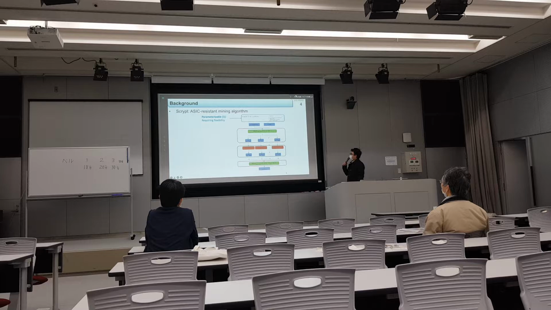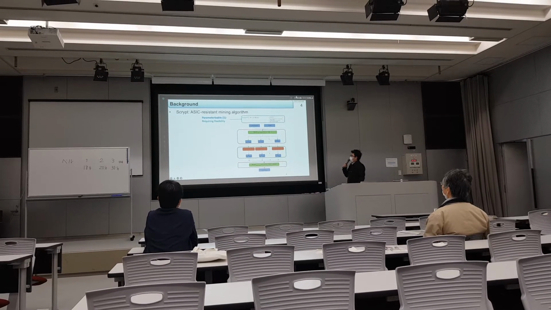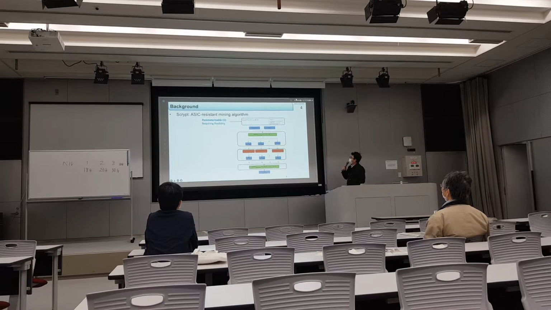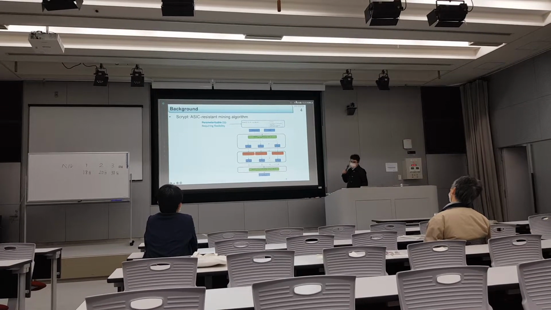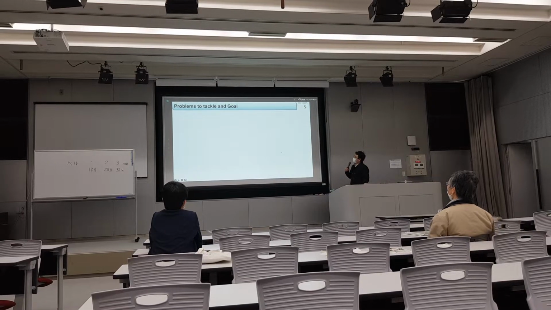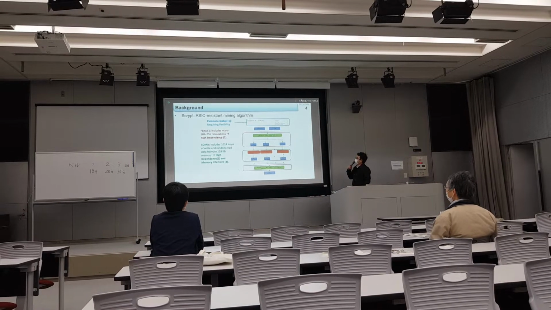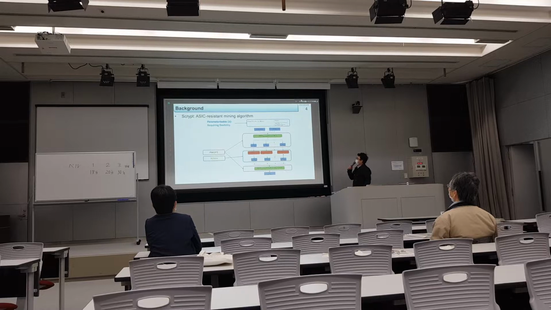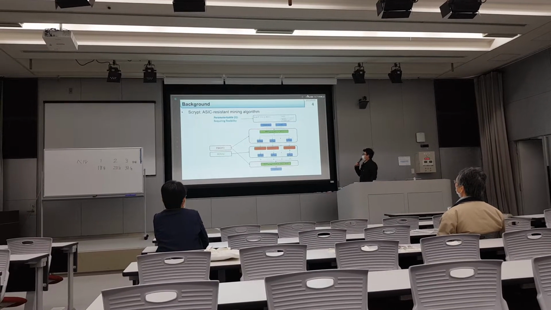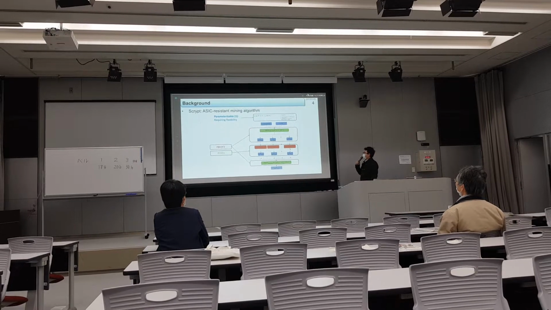Scrypt includes 3 main steps. The first and the third steps are the PBKDF2 function, and the second step is the ROMix function.